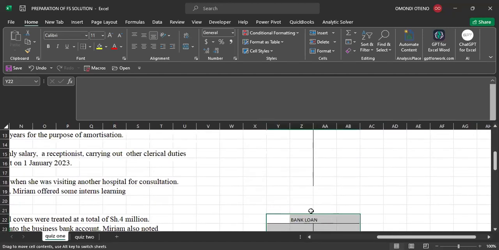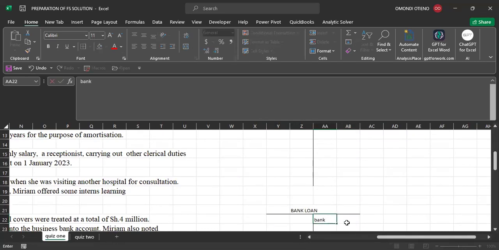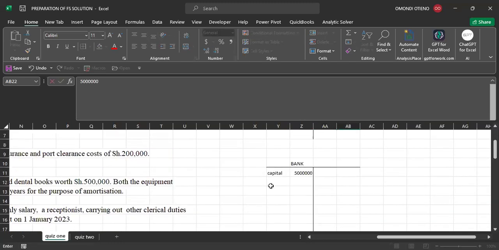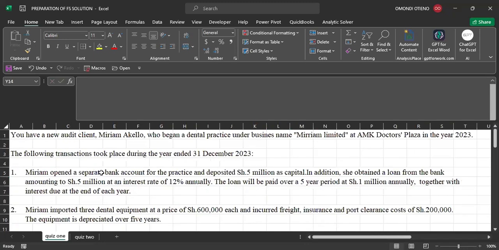So we credit bank loan by taking money to the bank of how much? 5 million. So let's come to bank and of course bring in the bank loan account, bringing money worth 5 million. Good. That is additional information number one.